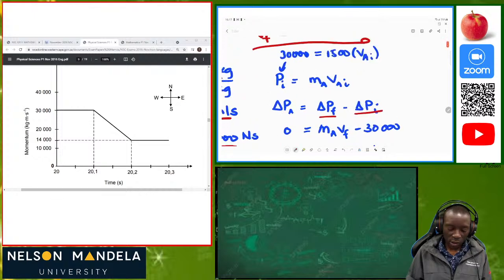In simple terms, the initial momentum, 30,000, is equal to mass times the initial velocity. We simply divide and we get VA, the initial velocity for A, is 20.0 meters per second.